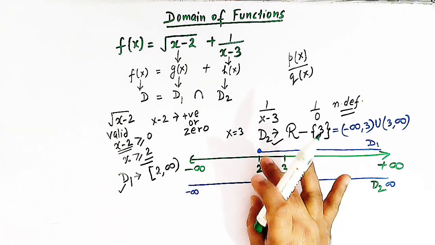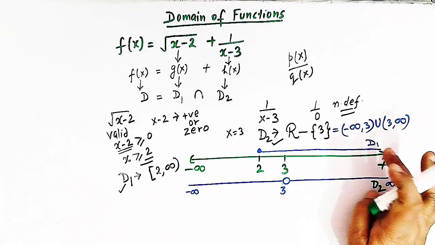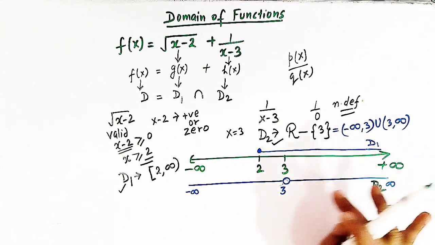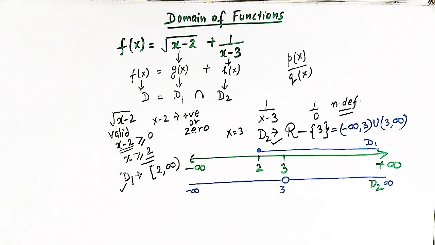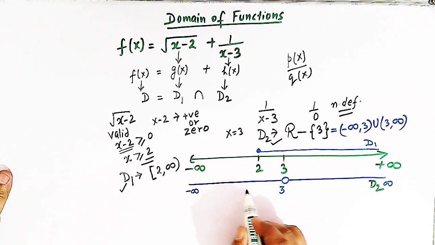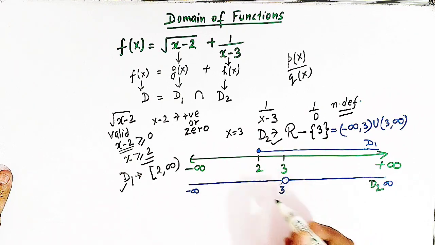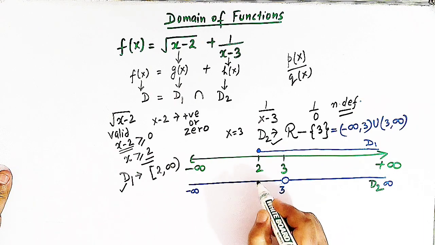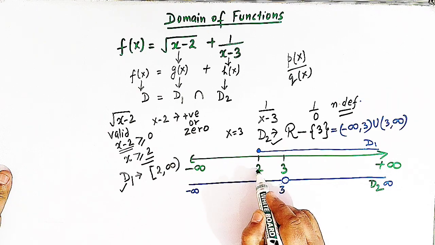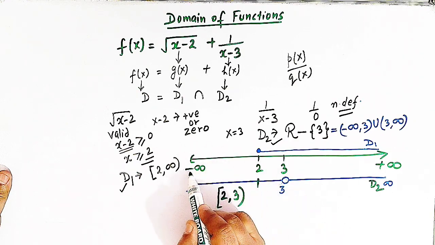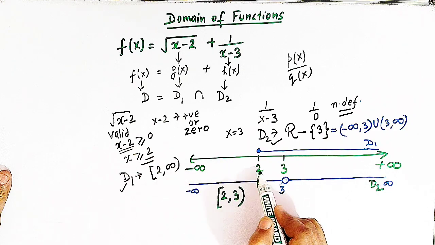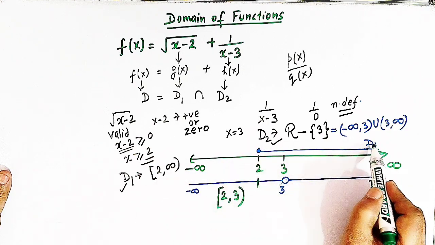And from this real number line and the domains d1 and d2, we can easily identify the common region. So now the common region comprises the interval from 2 to 3. First we'll go from this point, that is 2 to 3, right? 2 is included and 3 is not included, right? And this region, that is minus infinity to 2, is not included in d1, right?